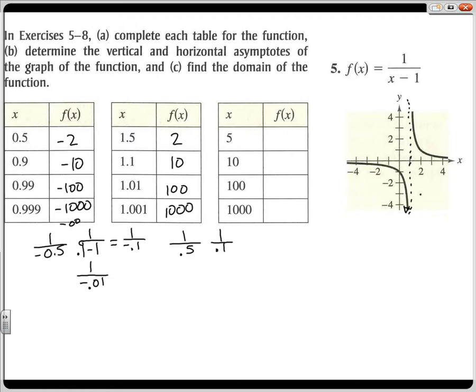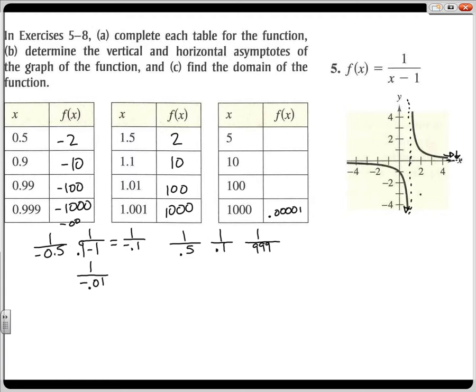I'm just going to jump right to the last one here. 1 over 999. What's that getting closer to? It's getting pretty close to 0. So as we go this way, our y values are getting pretty close down here to 0.